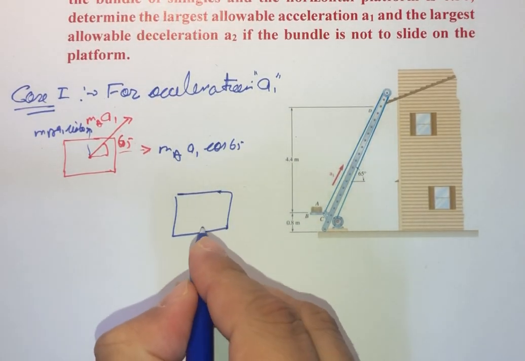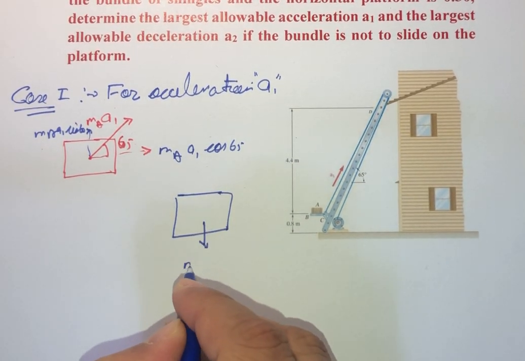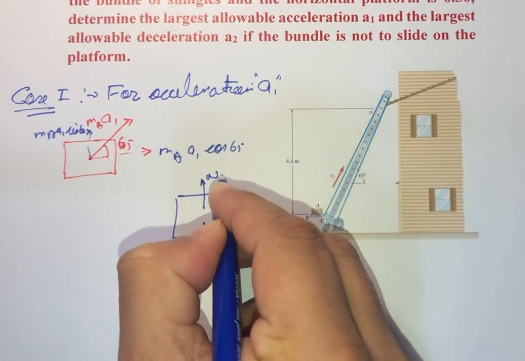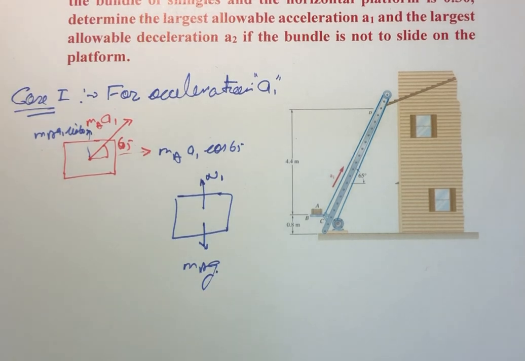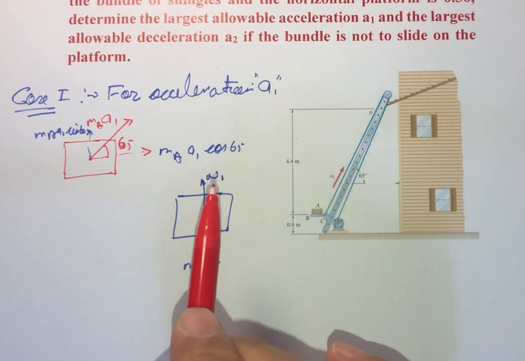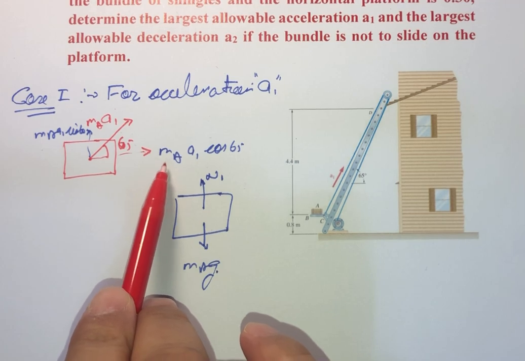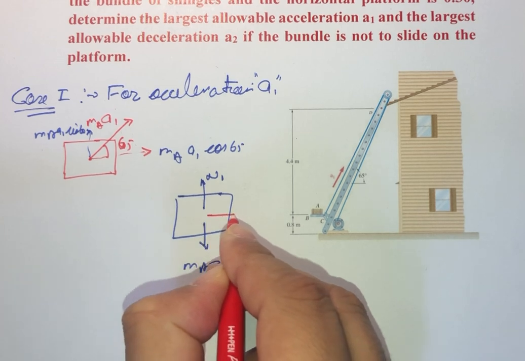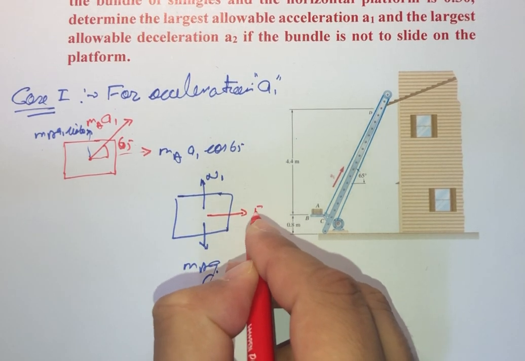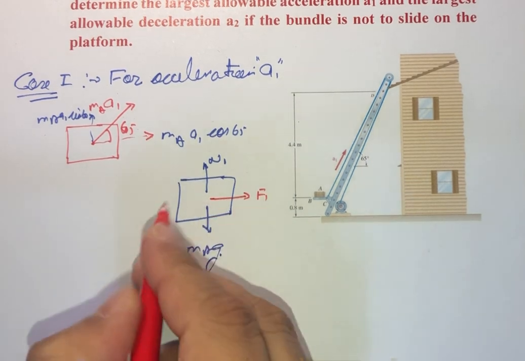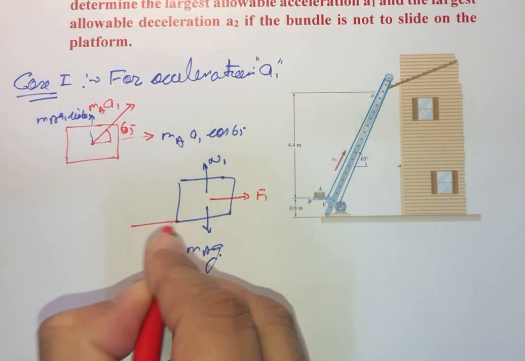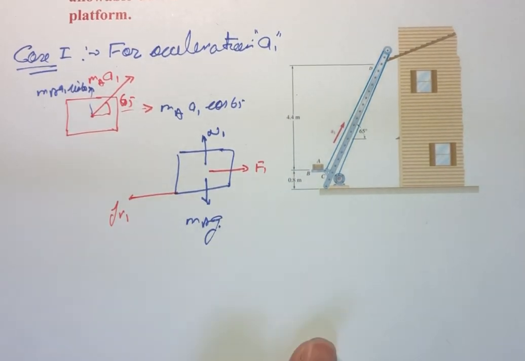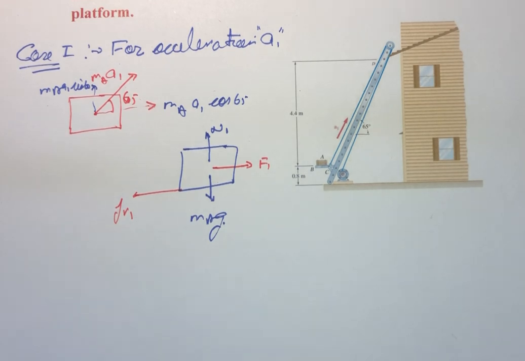In the downward direction M_A g, and there will be a normal force upward, let us suppose N1, and there is a force acting along the horizontal, which we represent by F1. Because of this force there will be an opposite frictional force, let us call that FR1.